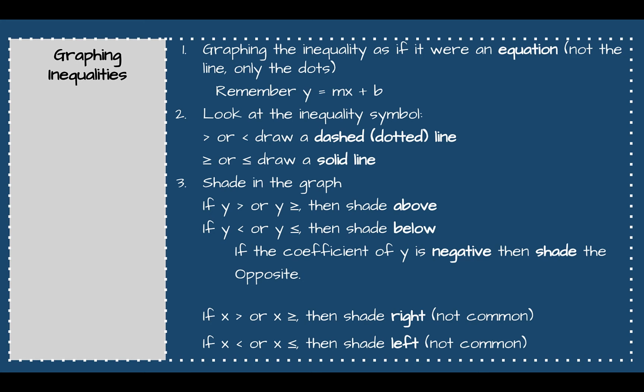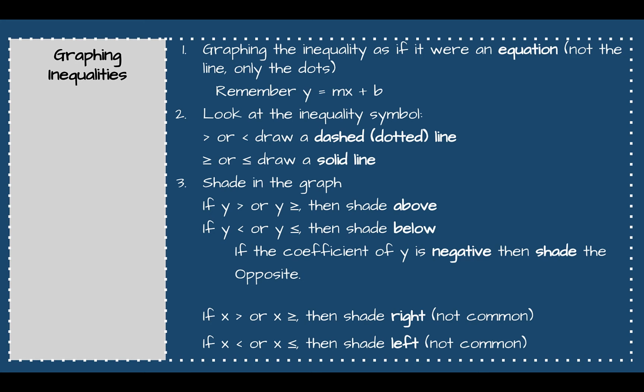So some of the things here follow some common sense. If you happen to see a negative number in front of y, so like maybe it's negative y equals 3x plus 2, that's going to switch it. Think about what we just did. If you had to divide by a negative, it flips the sign, which would just mean you're going to shade the opposite. Now, that's not super common, but it is there as a reference.